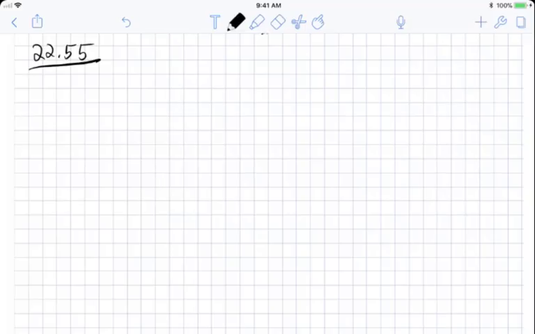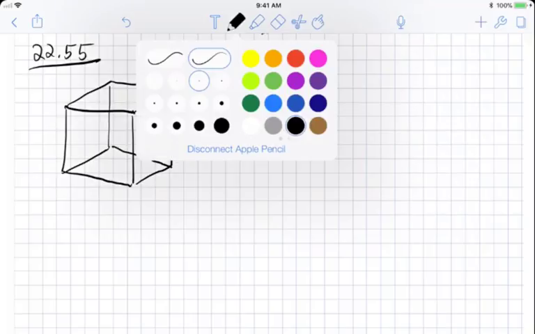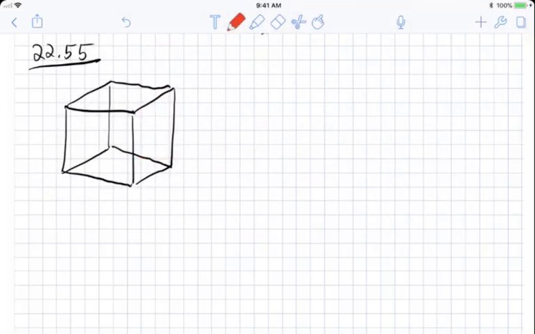Okay. So let's start by drawing it. I love drawing pictures of cubes. I don't know if you do, but I totally do. Okay. So, 1, 2, 3, 4, 5, 6.